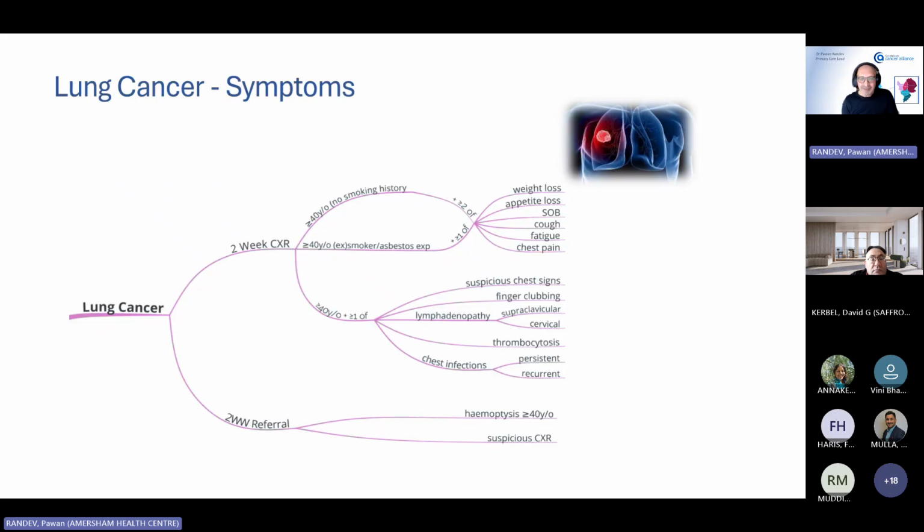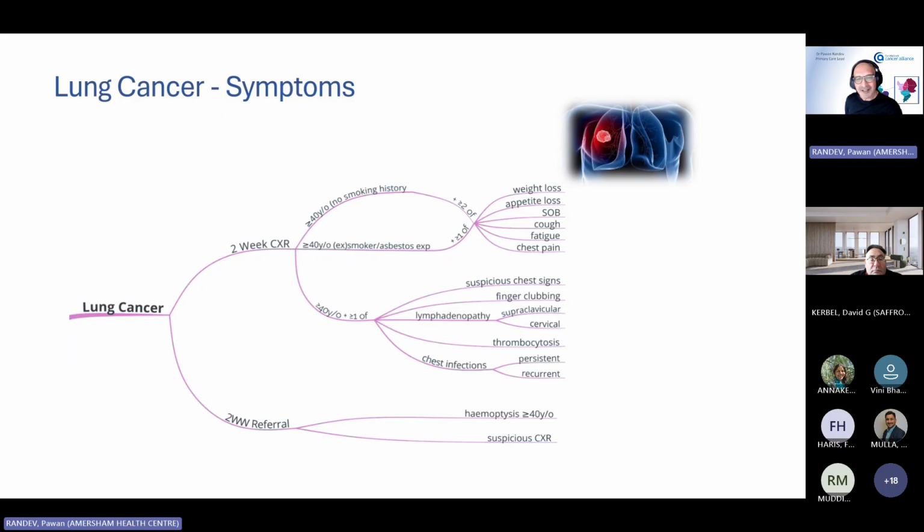Now, when we think about lung cancer, and I've taken this screenshot from the lung cancer part of the map, and I mentioned the hemoptysis. If you look towards the bottom, you can see hemoptysis over the age of 40, straight 2-week wait referral.